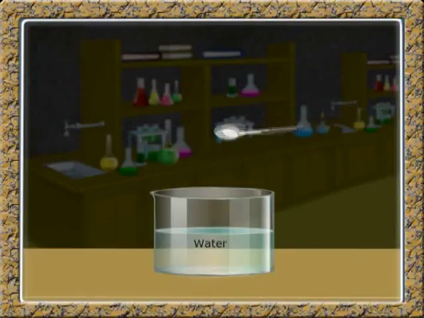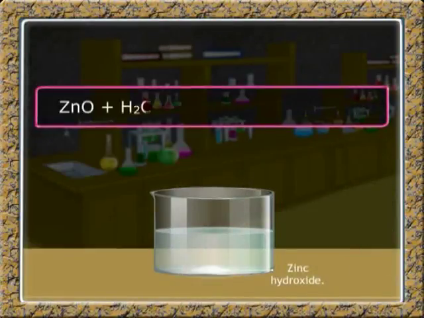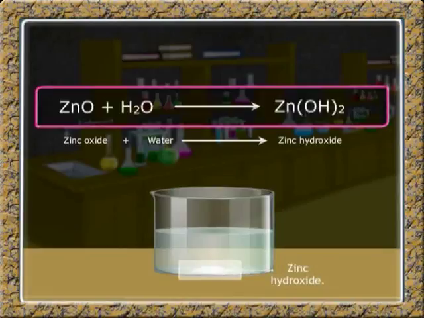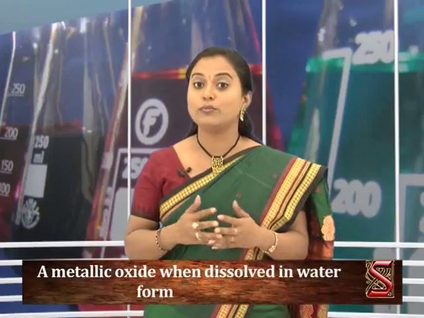Similarly, zinc oxide reacts with water to give zinc hydroxide, that is ZnO plus H2O gives Zn(OH)2. Here calcium oxide and zinc oxide both are metallic oxides. Thus we can say that a metallic oxide when dissolved in water forms a base. Now let's move on to the general properties of acids and bases.